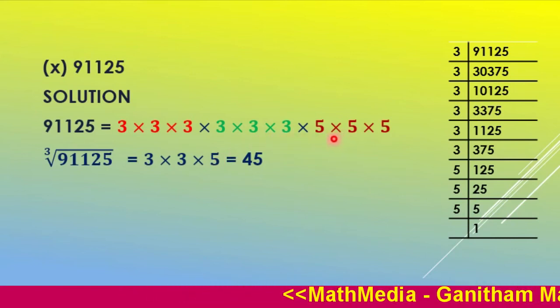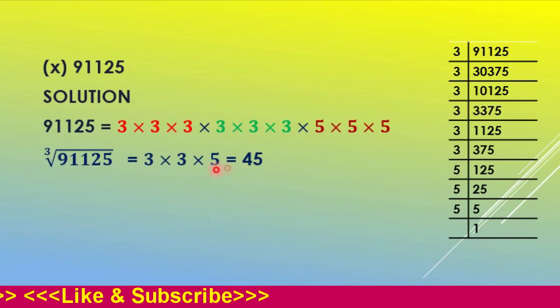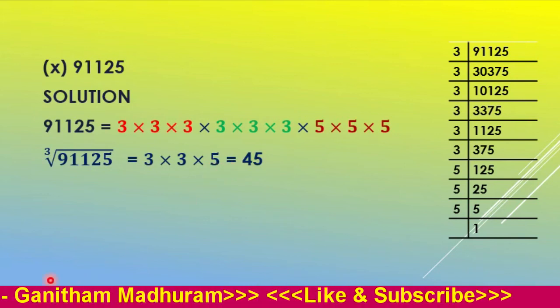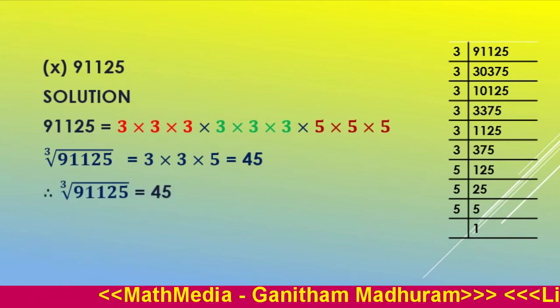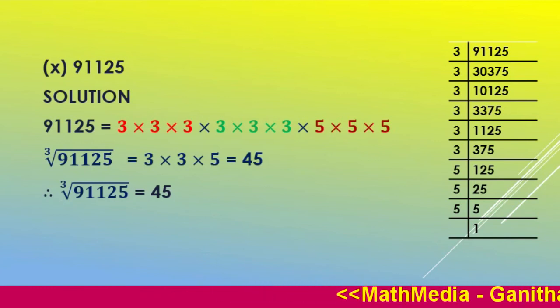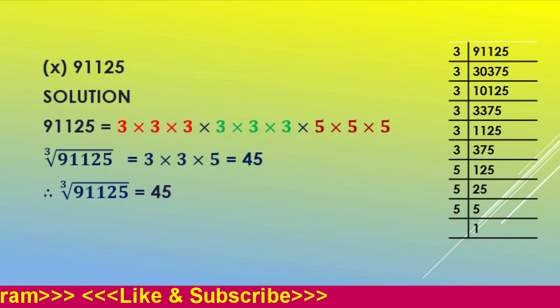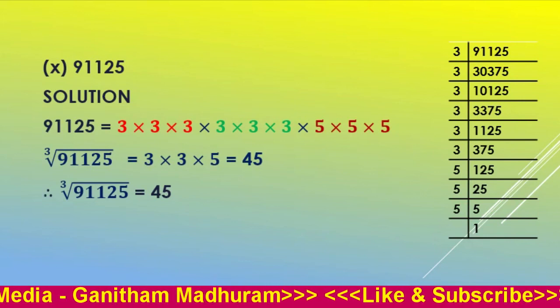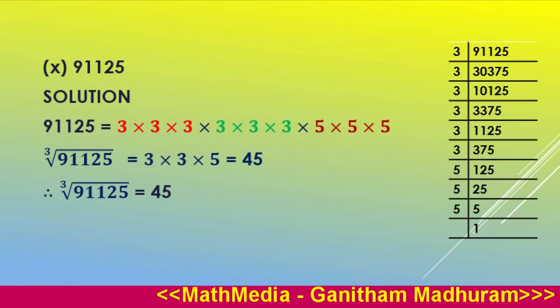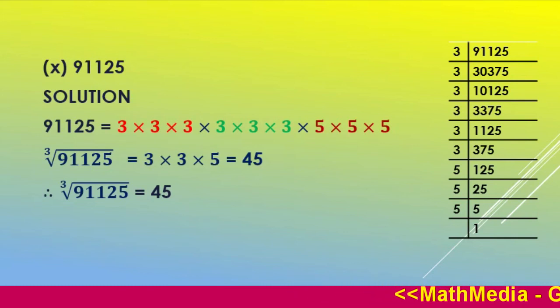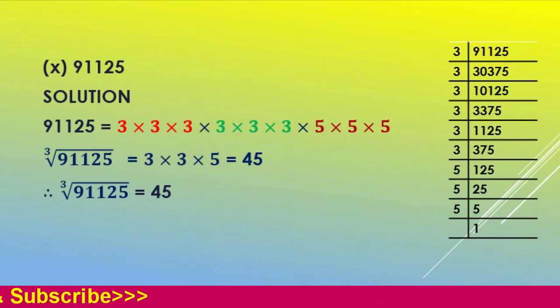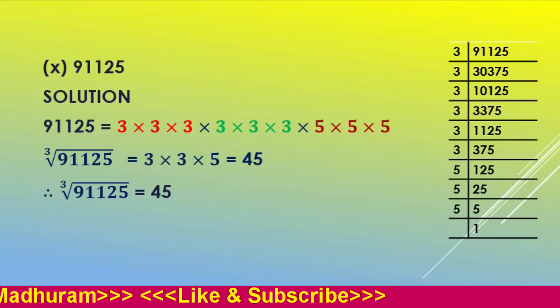And the third group is with the number 5. Hence we are getting 5. Therefore the cube root of 91,125 will be the product of these numbers. 3 into 3 into 5 is 45. Hence cube root of 91,125 will be 45.